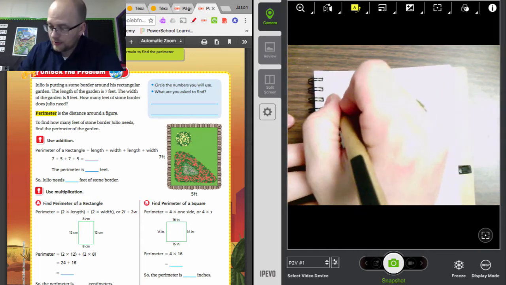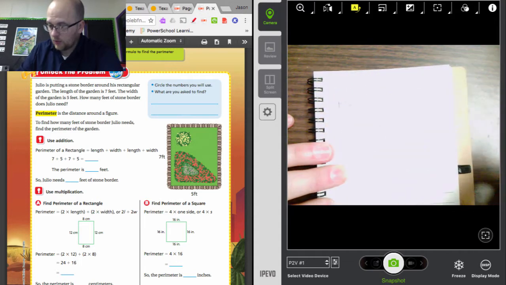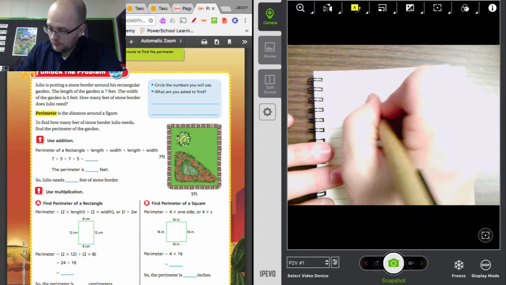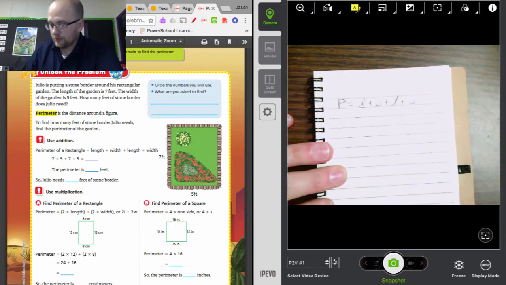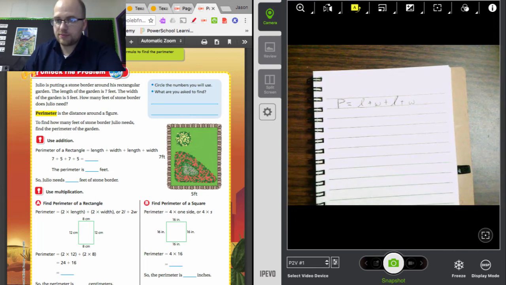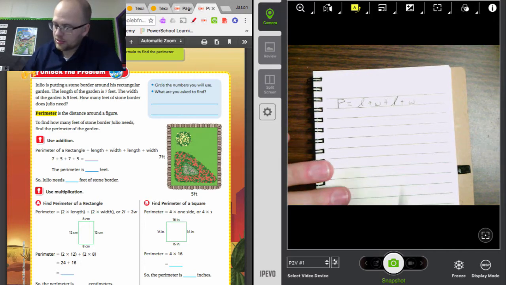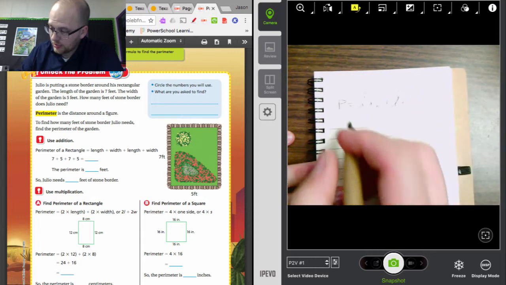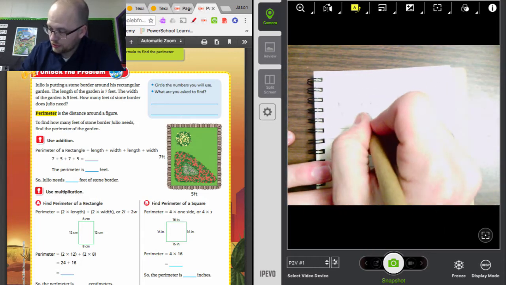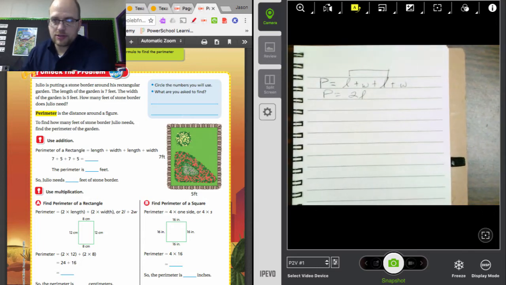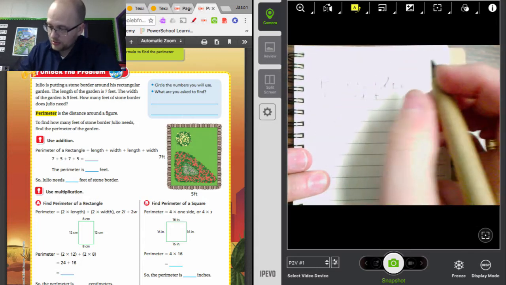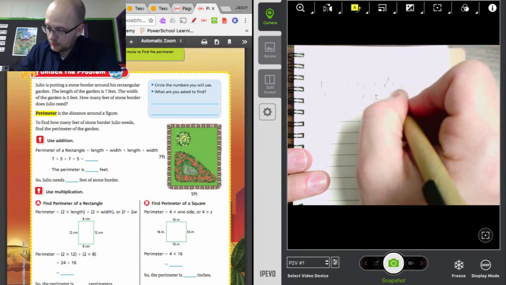So perimeter equals L plus W plus L plus W. Length plus width plus length plus width. But we can make that a little simpler than this, because if I add those together, that's 2 times L, because L plus L is the same thing as 2 times L. So 2L plus 2W.